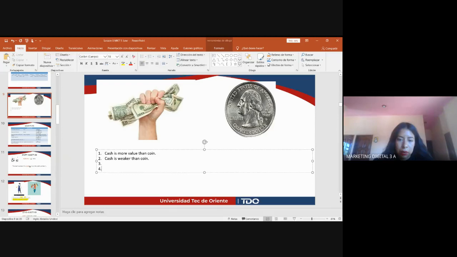Now your sentence, your comparison. The coin is smaller than cash. Okay, sería coin. Yeah. Number four, Mau.